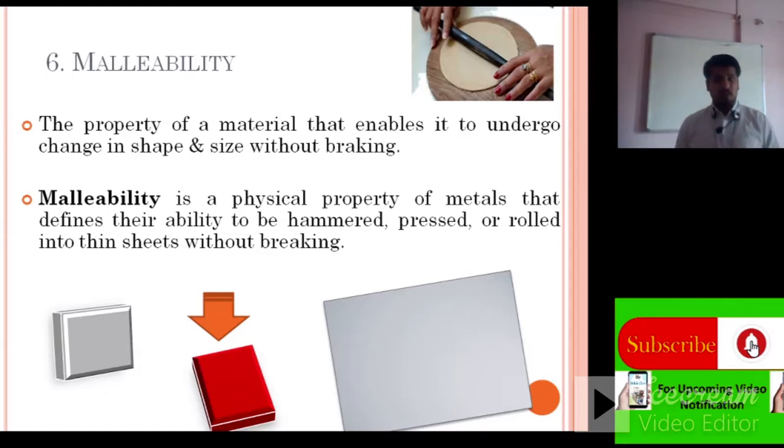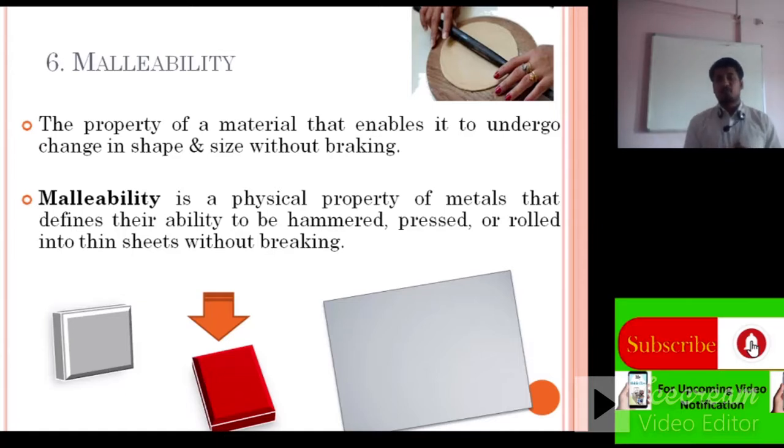This is the main condition here. And the second point, malleability is the physical property of a metal that defines its ability to be hammered or pressed. We will read the definition again.